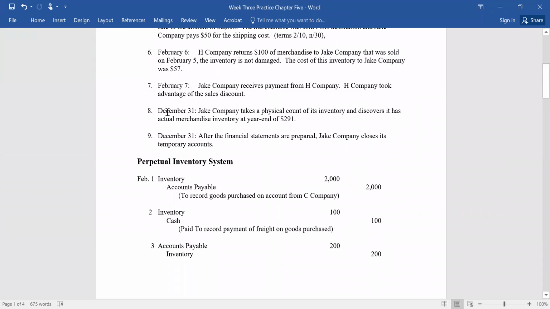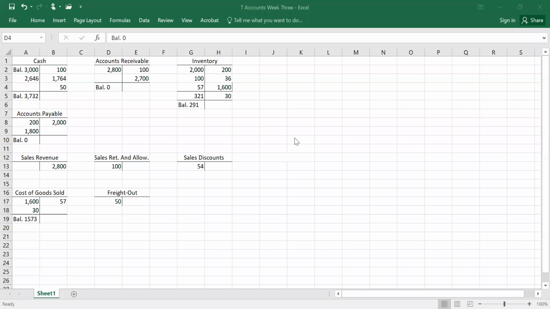Okay, looking back, number 8. On December 31st, Jake took a physical count of its inventory and discovered actual merchandise inventory at year end was $291. So let's go look at our inventory count and see what it is at this point in time. Let me share my screen and show you those T accounts. If we look at the inventory account right now, we had all these adjustments. It would be valued at $321. Well, it's not, right? The balance should be $291.